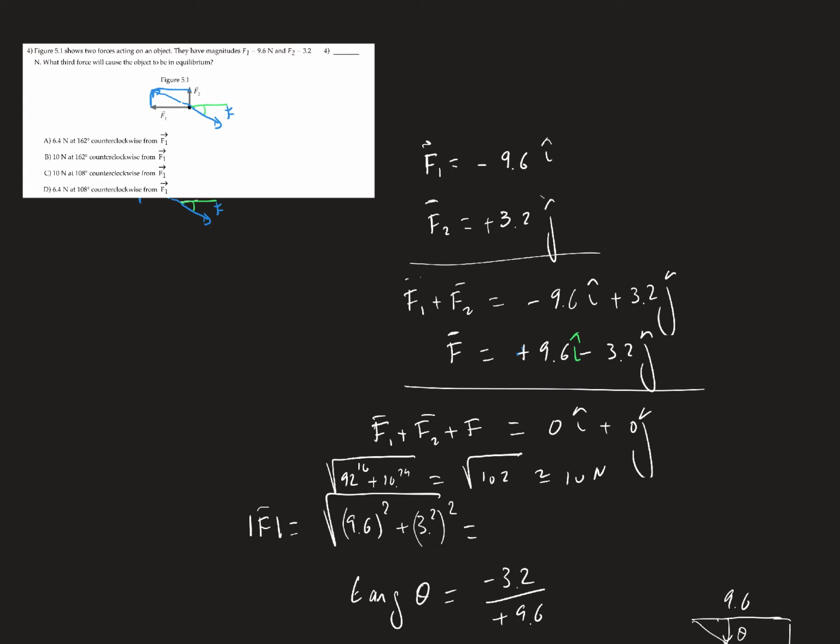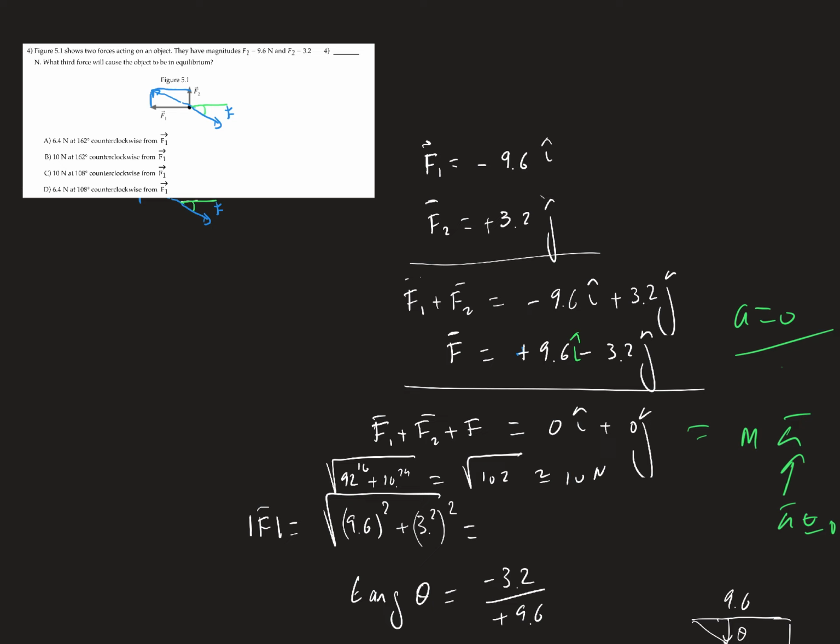Plus 3.2j minus 3.2j is 0. So I found the force that I have to add to F1 and F2 to make 0 acceleration. Because if the sum of the forces is 0, this is m times a, so the a is 0. Okay, perfect.